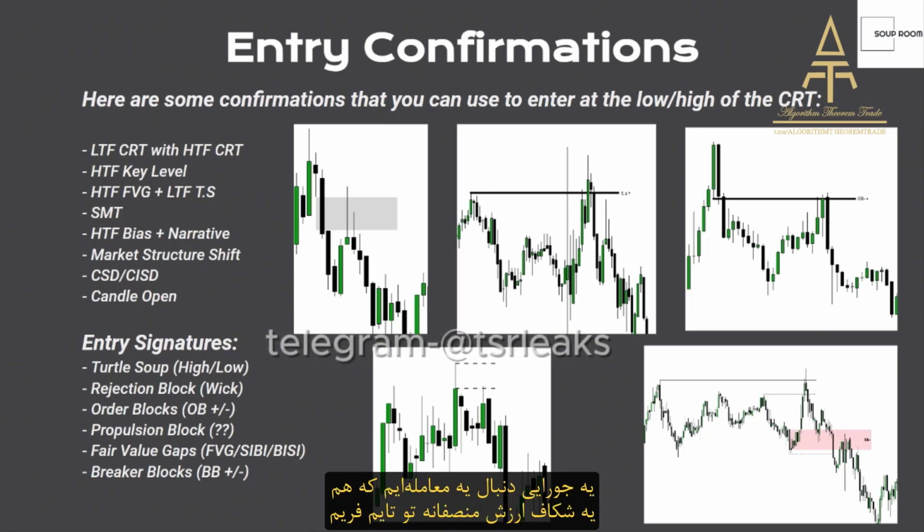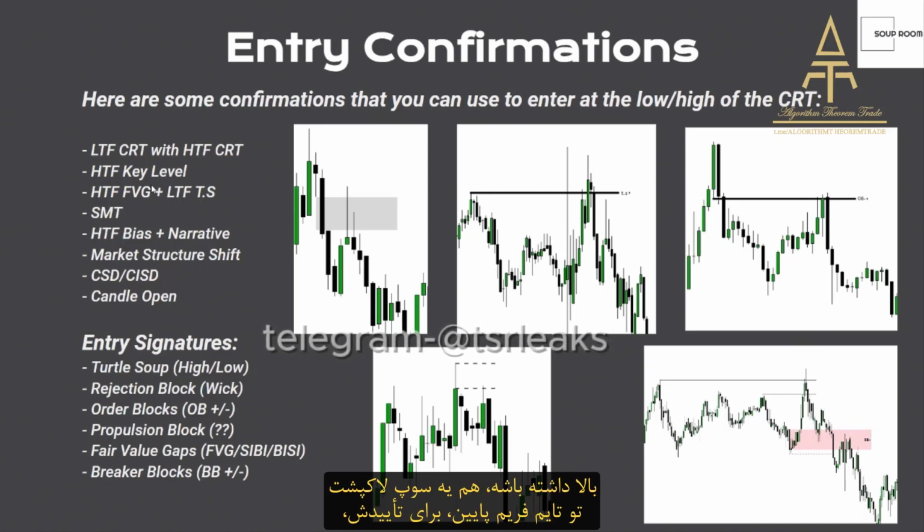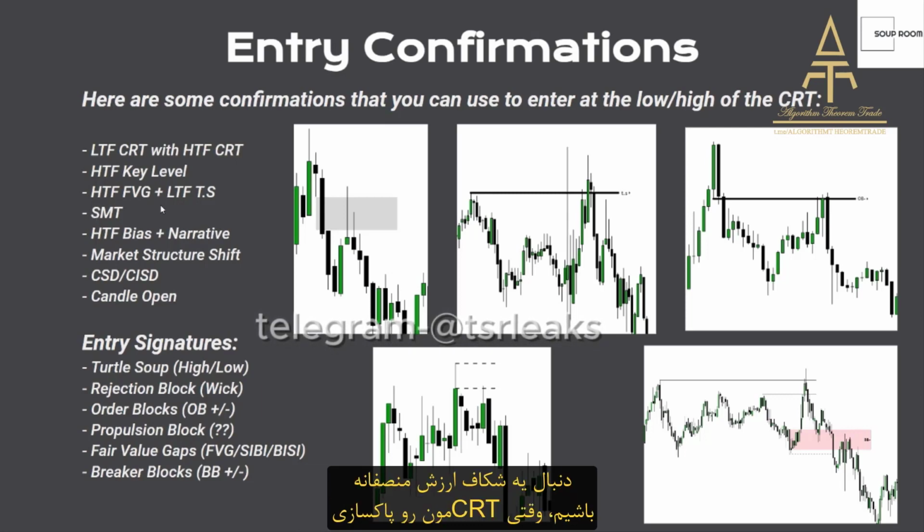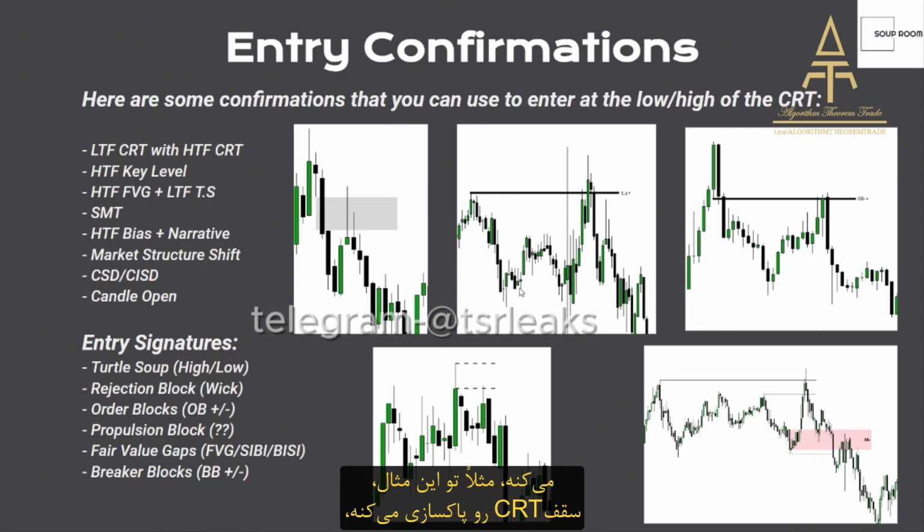A higher time frame fair value gap plus a lower time frame turtle soup. So for this confirmation, you would focus on your CRT, look for your entry, and then look to the left-hand side of your chart. Look for a fair value gap. And with that CRT, when we purge the high or low of that CRT, let's just say in this example, we're purging the high of a CRT.